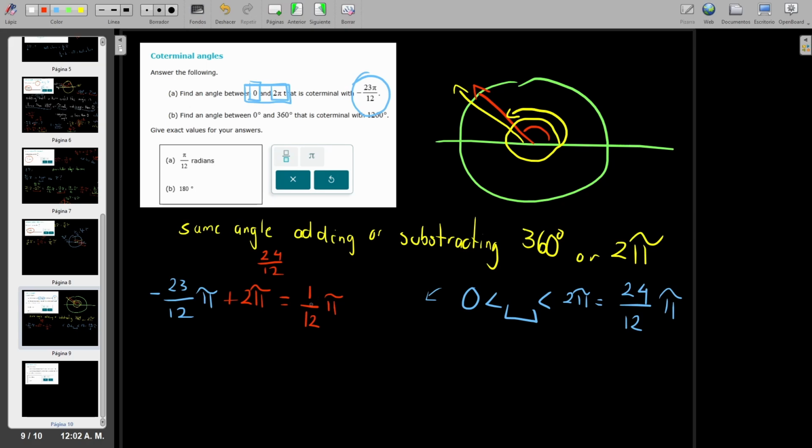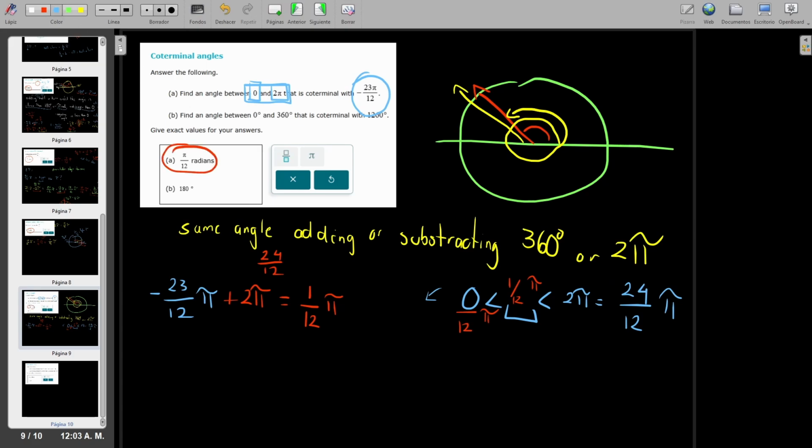It's going to be 1/12 of a pi. Is this number between these? Yes. 0 over 12 pi and 24 over 12 pi. So 1 is bigger than 0 and smaller than 24. Yes. So as you can see, this is our first value.